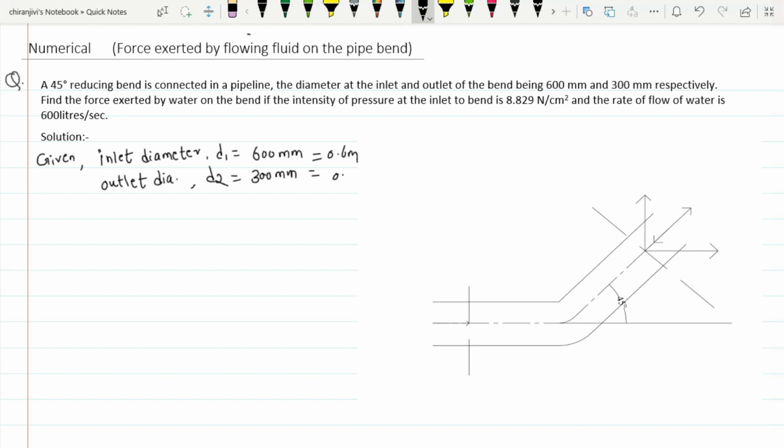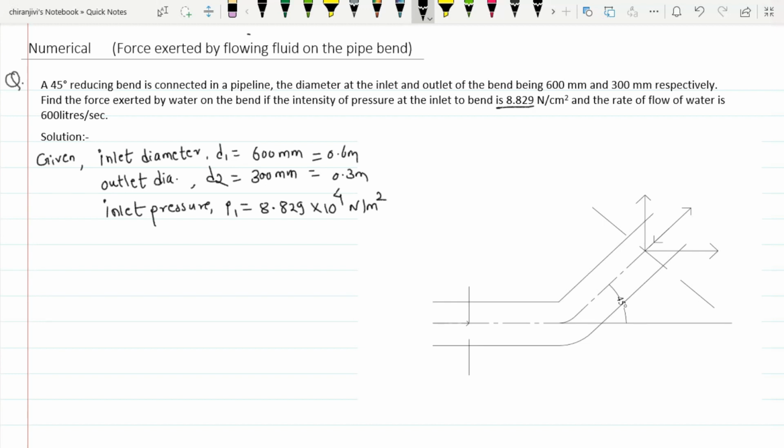It is 0.3 meter, and we have given here the pressure at the inlet to bend is 8.829 Newton per cm square. So inlet pressure, it is P1, which is 8.829 into 10 to the power 4 Newton per meter square. They are given in Newton per cm square, so we converted it into Newton per meter square.